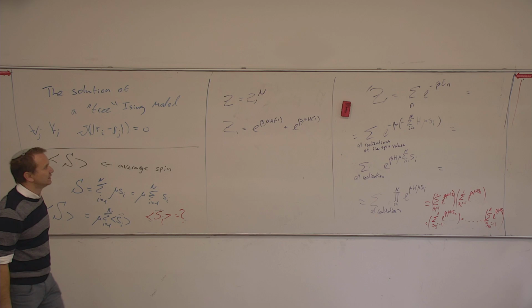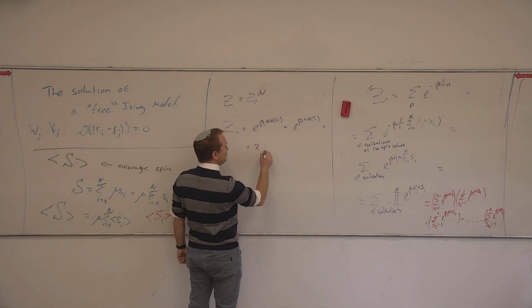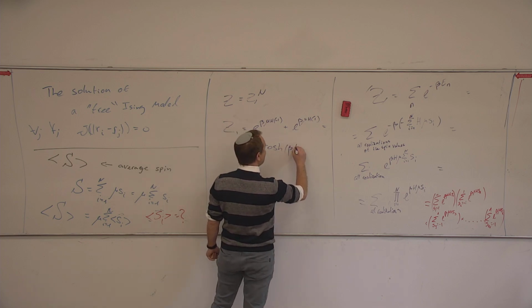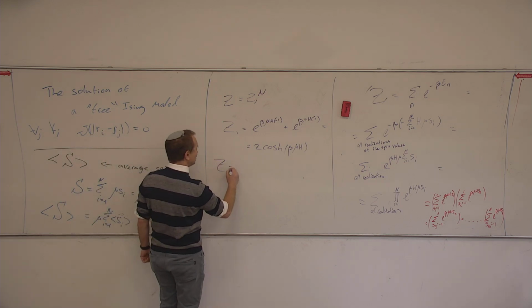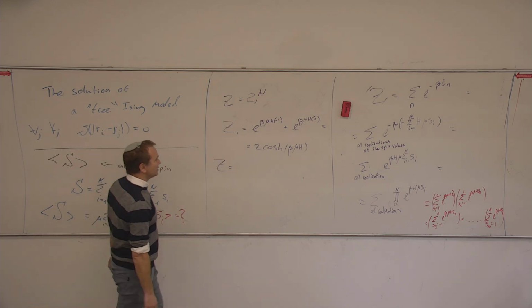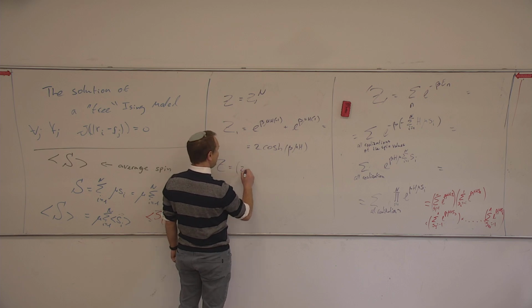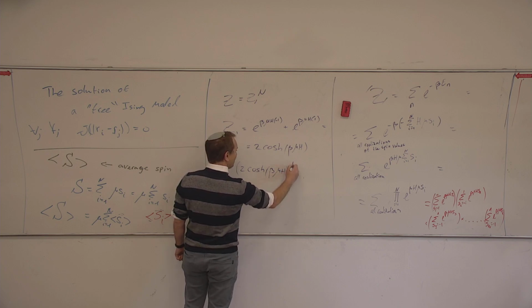That's it. So I can write it down as 2 hyperbolic cosine of beta mu h. So the partition function Z equals, I'm sorry, 2 hyperbolic cosine beta mu h, to the power n.